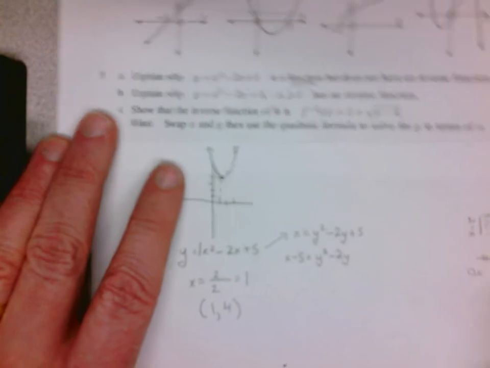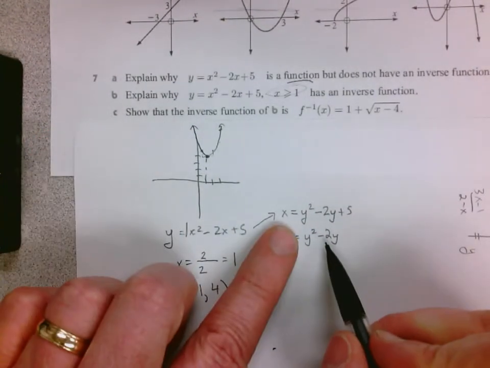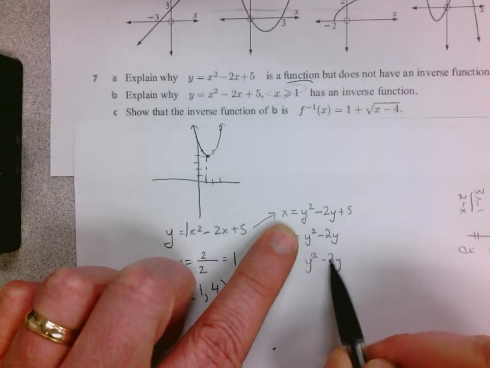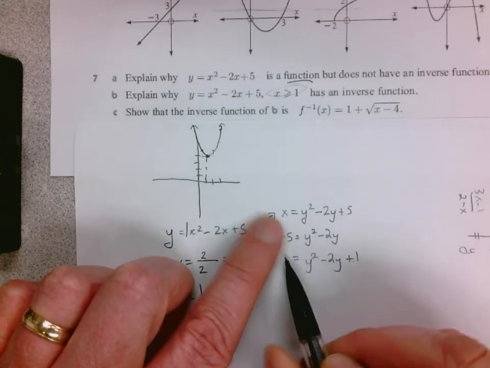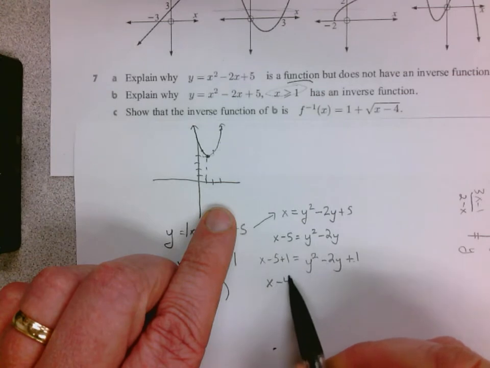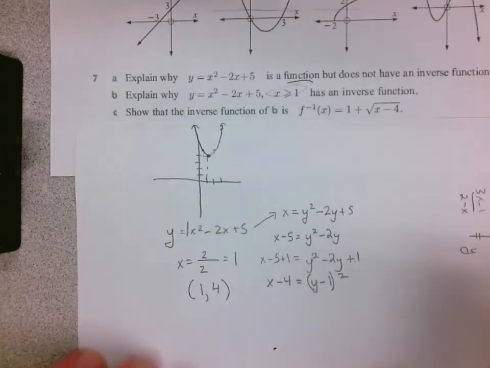It's been a while. You can solve this by completing the square. So take half of negative 2 and square it. We add that to one side, and we have to add that to the other side. So x minus 4 equals y minus 1 squared.